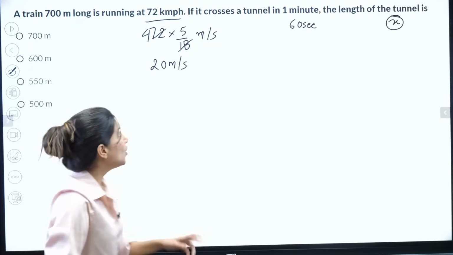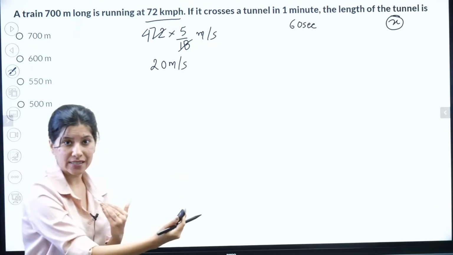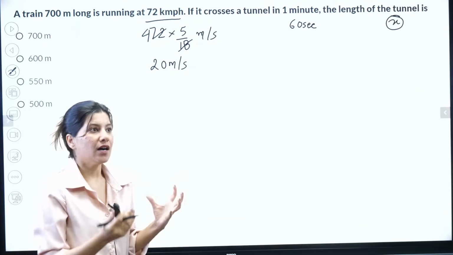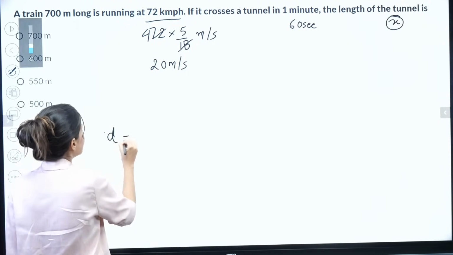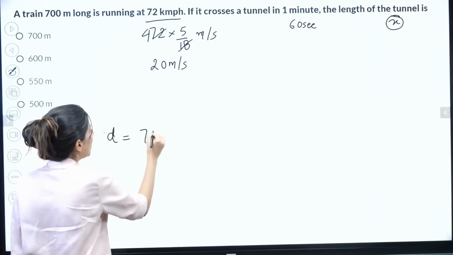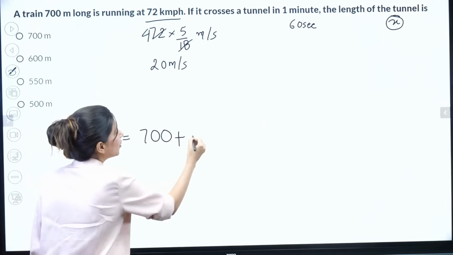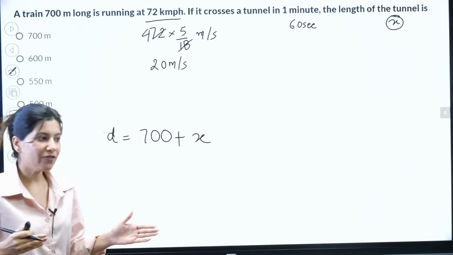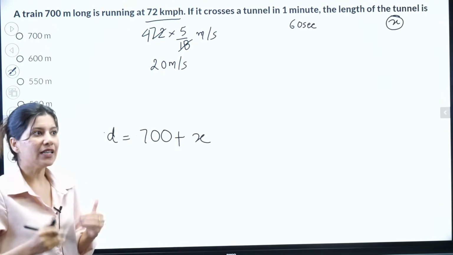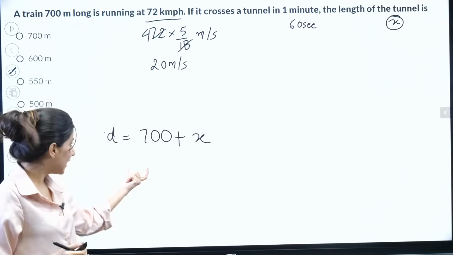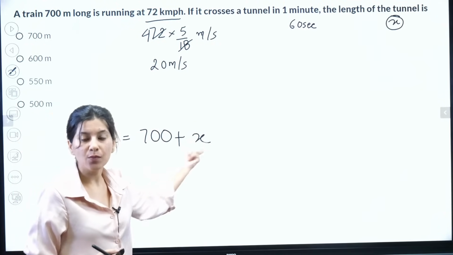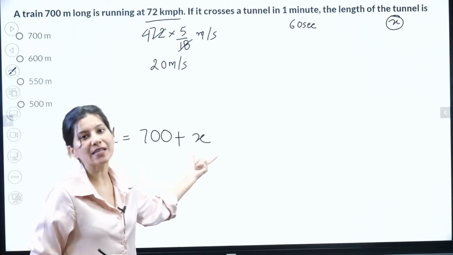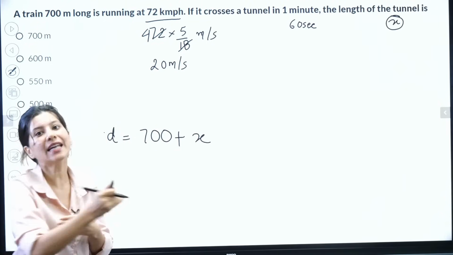To cross a tunnel, the train has to cover a distance equal to 700 plus the length of the tunnel, that is, the length of the train plus the length of the tunnel.